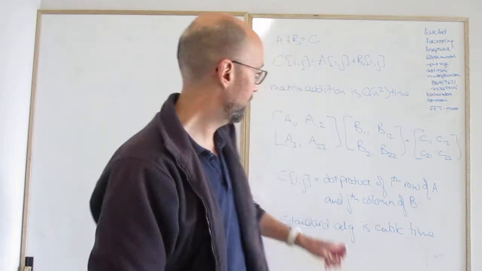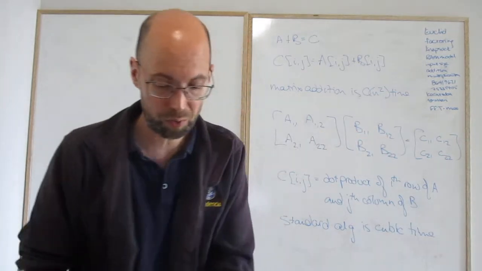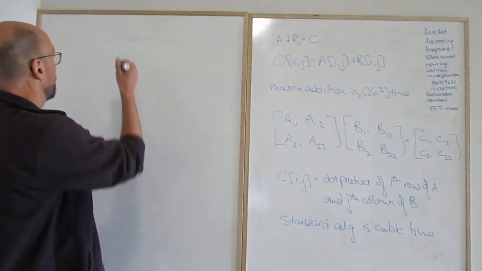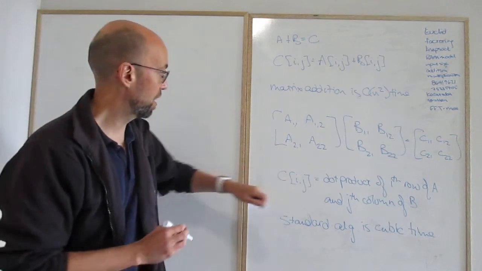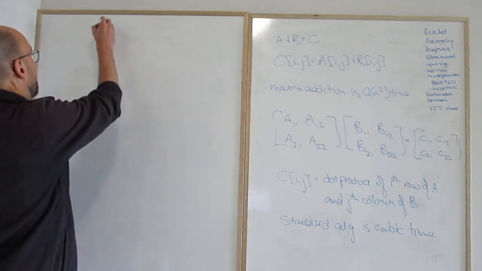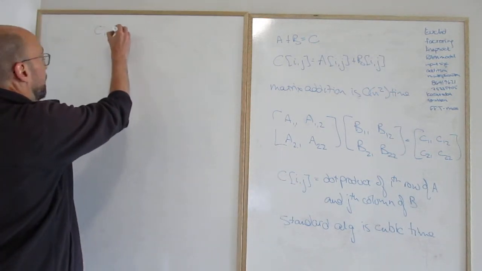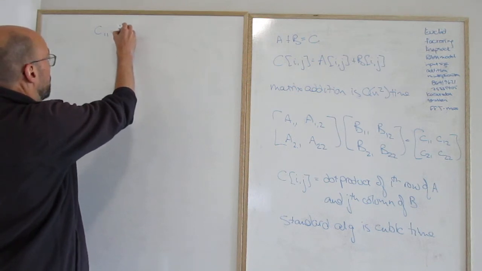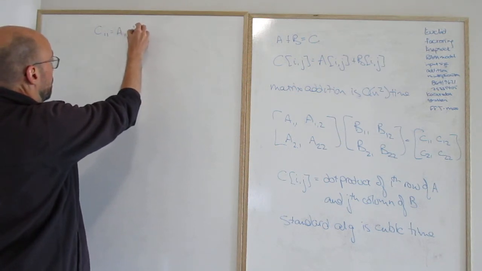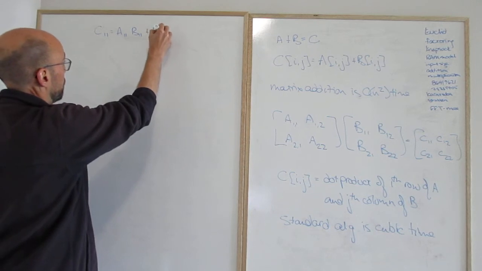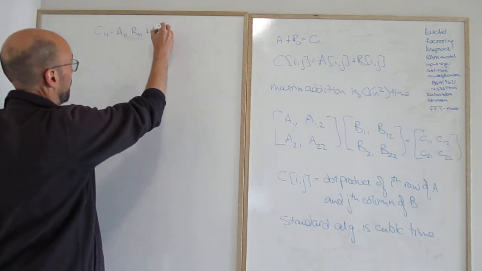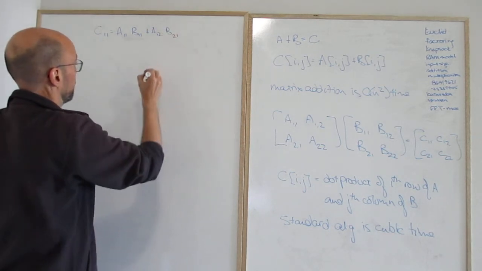Here you have the standard. So what you would normally write is, like I wrote, Cij. So here C11 equals A11 times B11 plus A12 times B21.